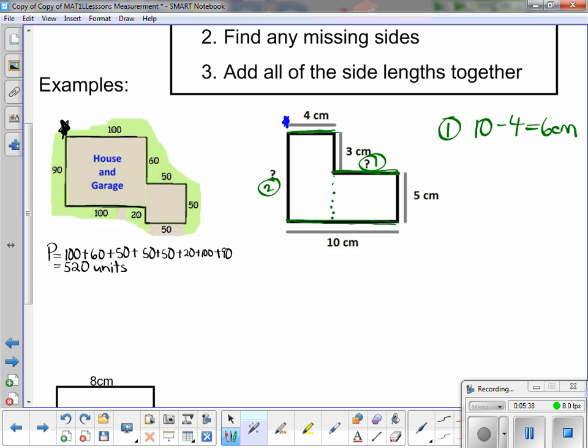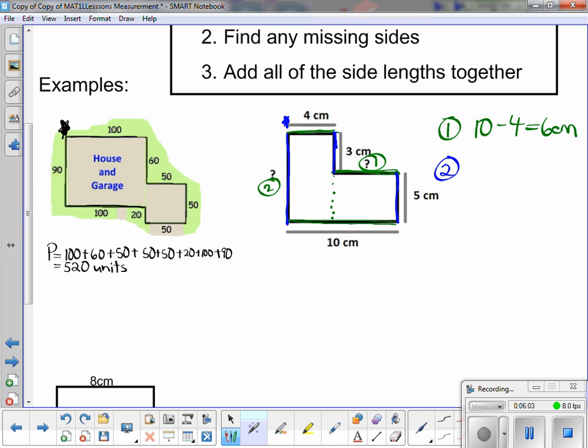Now let's take a look at number 2. Number 2 is vertical, so it's the ones going straight up and down. I need to see if there are any other sides that are vertical like that. Well, I can see that I have a 3, and there's another one over here, a 5. Now notice where they attach.